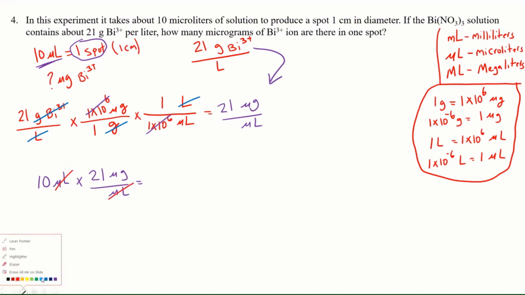And what's the answer? 10 times 21 will be 210 micrograms. That's how much bismuth I have, because this is the concentration of bismuth in the solution: 21 micrograms of bismuth per microliter. So 10 microliters will have 210 micrograms of bismuth.